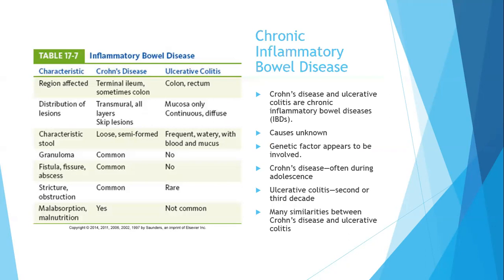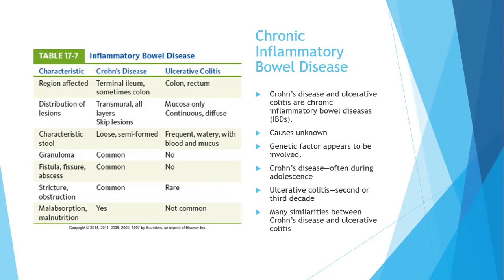Chronic inflammatory bowel disease has lots of different forms. Crohn's disease and ulcerative colitis are chronic inflammatory bowel diseases. Causes are unknown, or there are some that are autoimmune, some that are other things. Crohn's disease is often first detected during adolescence.